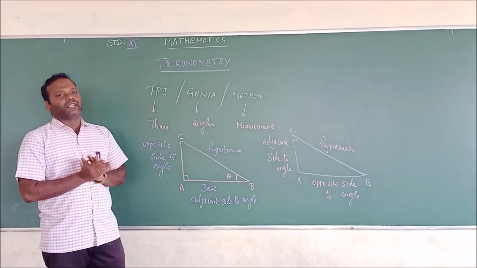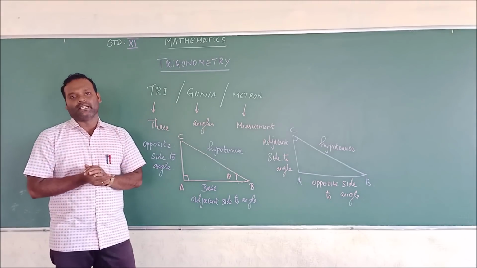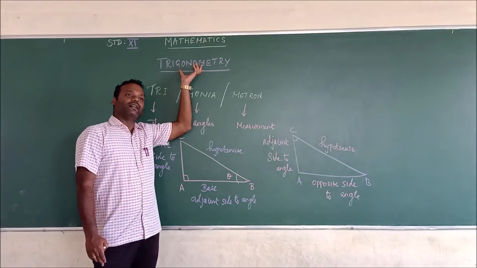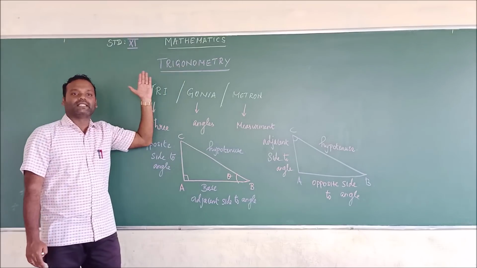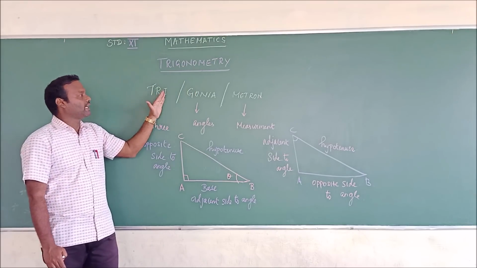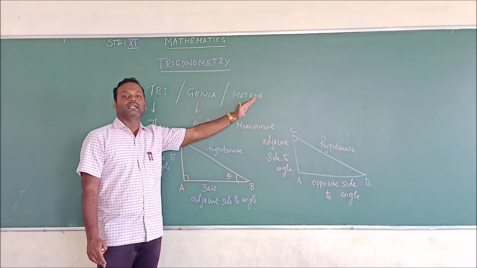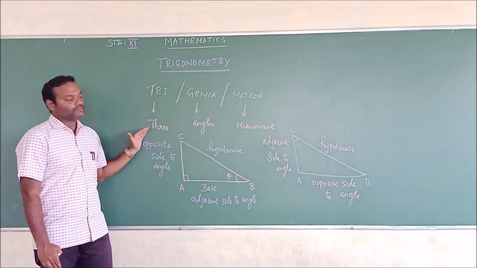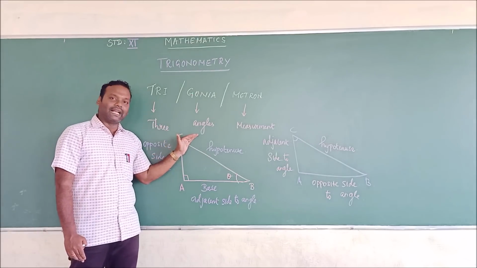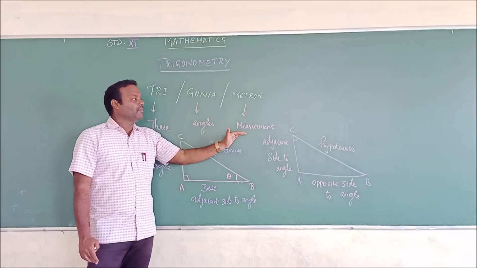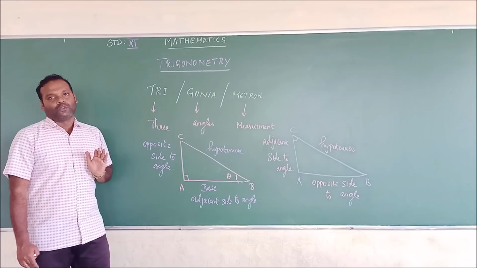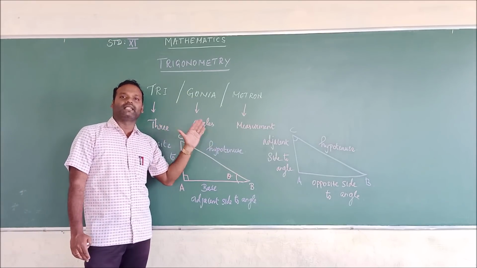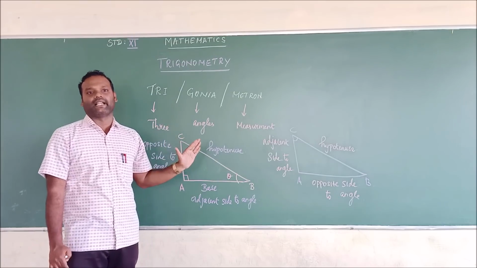What is trigonometry? This is the thing you have studied in your lower section. Let me recollect that. The topic name trigonometry is derived from the Greek words trigonia and metron. Tri means three, gonia means angles, metron means measurement. So by combining these, we can say measuring the angles in a triangle.